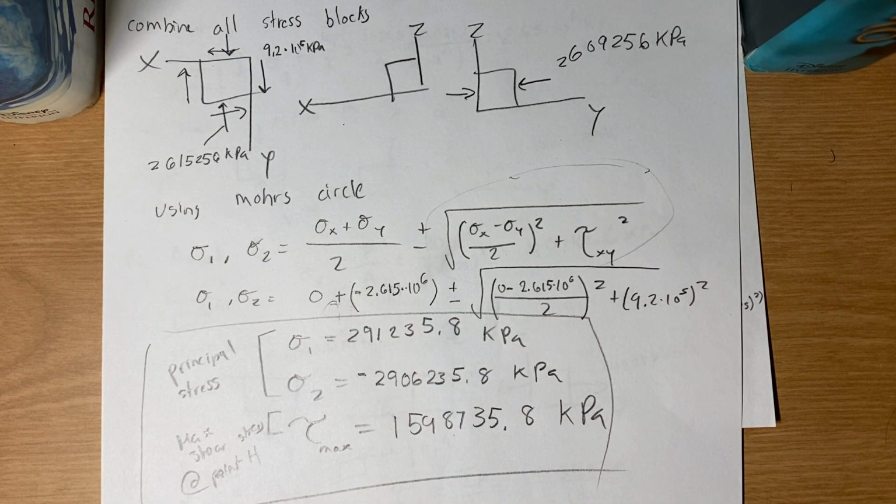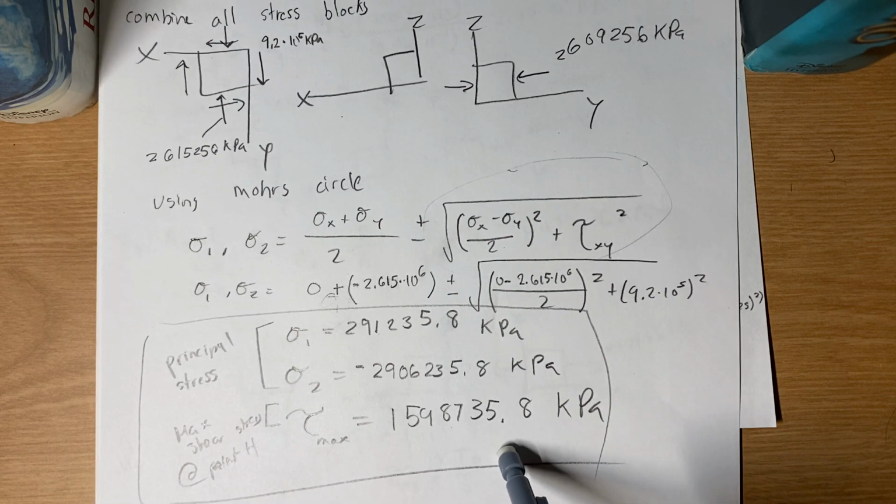So from here, if we actually had our material, if it was some type of, I don't know, copper or steel or whatever, if we knew that information, then we would have checked for failure.